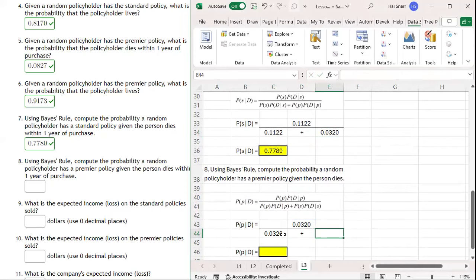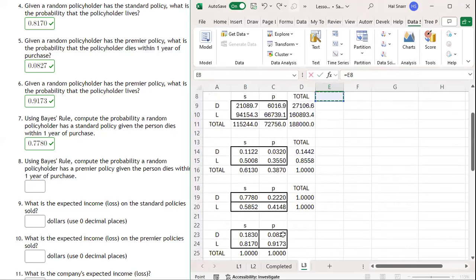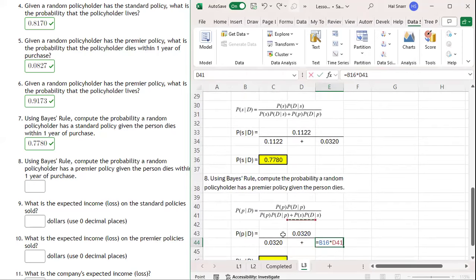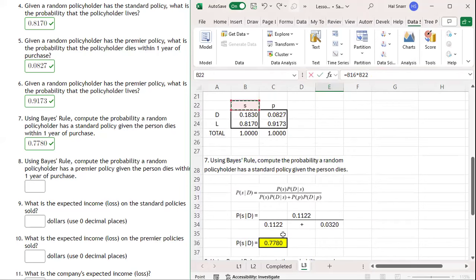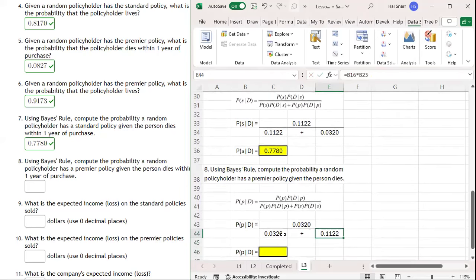We need the probability of a standard policyholder. That's in the joint probability table, 0.6130. We're going to multiply that by the probability of death given standard policyholder. So given the person is a standard policyholder, what's the probability of death? That number. Now notice this number and that number are the same thing, right? Because this right here is the same as that.